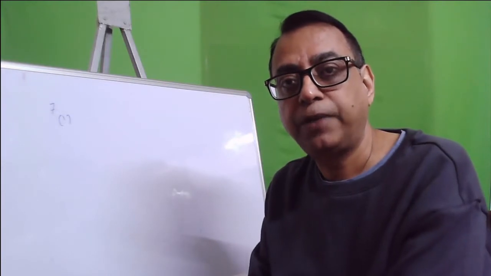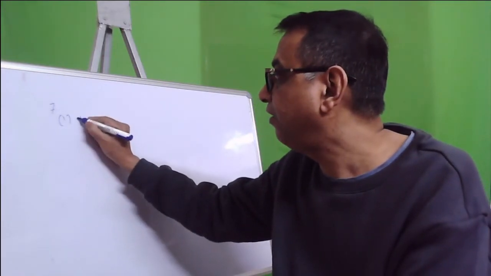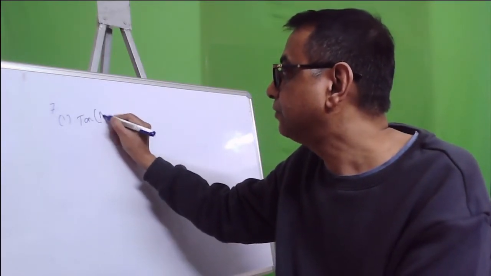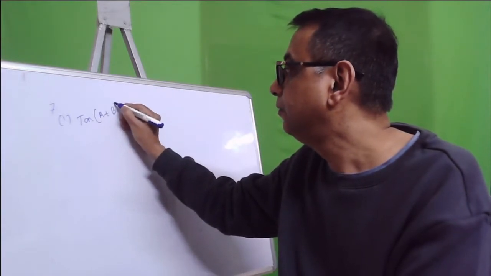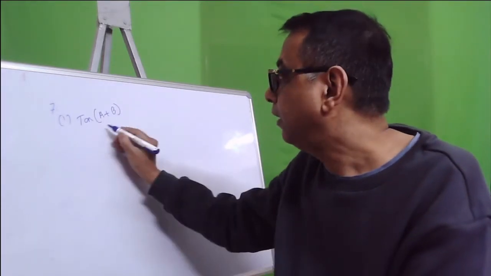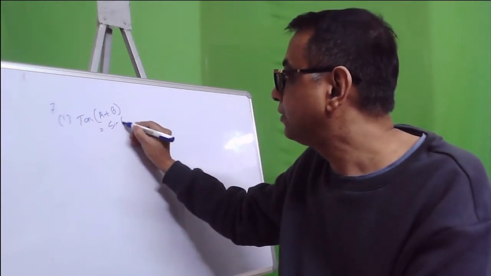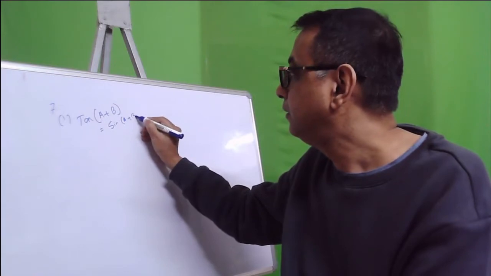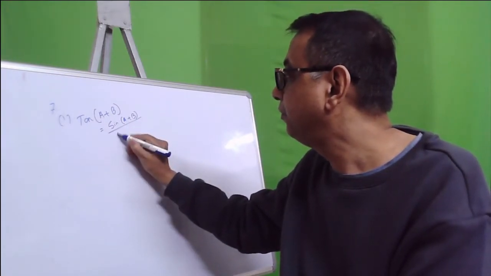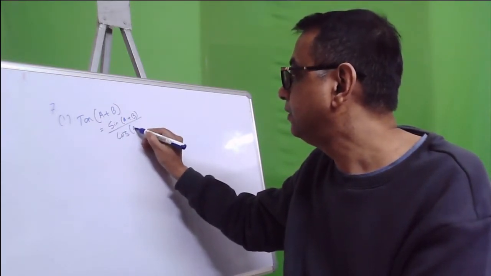Number 7 identity, part 1 will be tan of a plus b. Now tan of a plus b is equal to sine of a plus b divided by cos of a plus b.